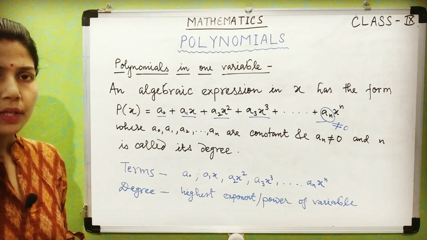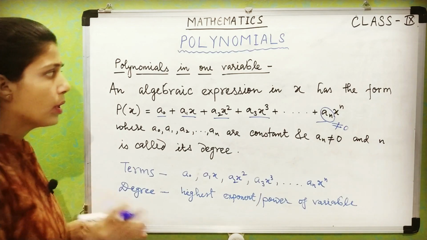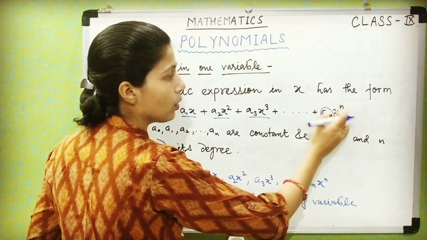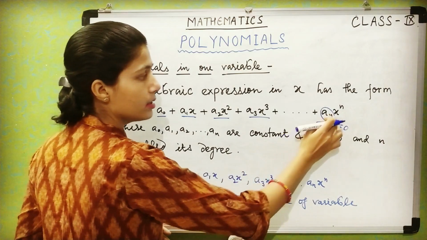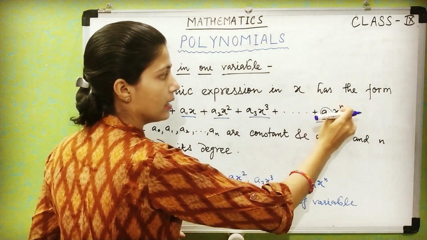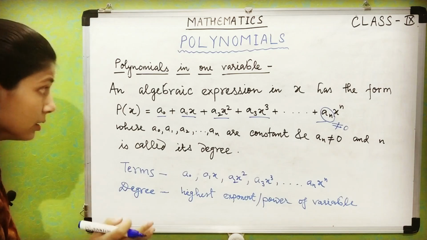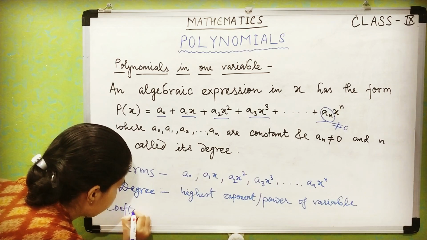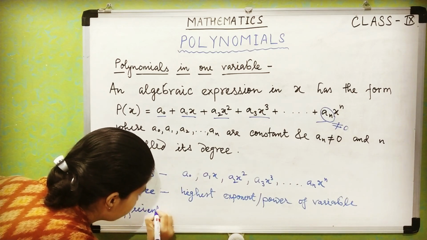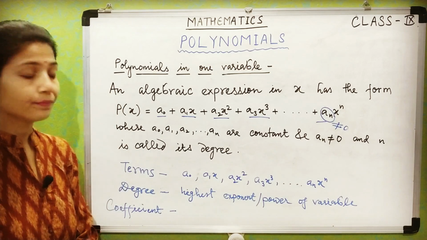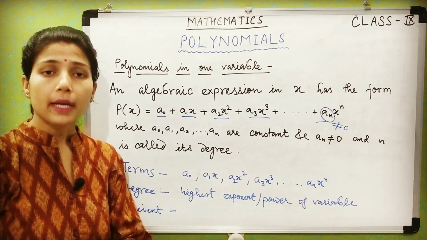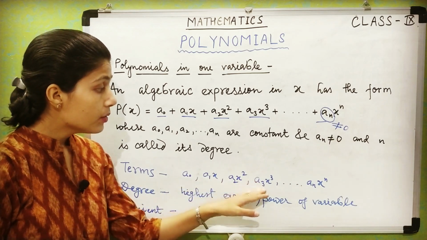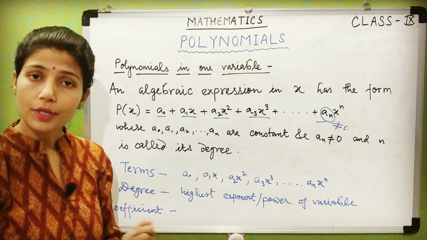If you have any algebraic expression or polynomial, you have to see the term which has the highest power of variable. So okay, here is x raised to power n. So here n is its degree. Okay. Now the third one is coefficient. What are coefficients? So if we talk about an algebraic expression, a0, a1, a2, a3, an, these all are what? Constants.